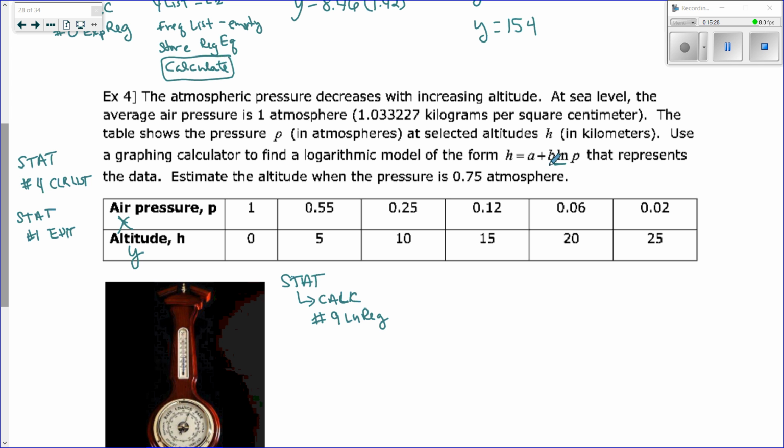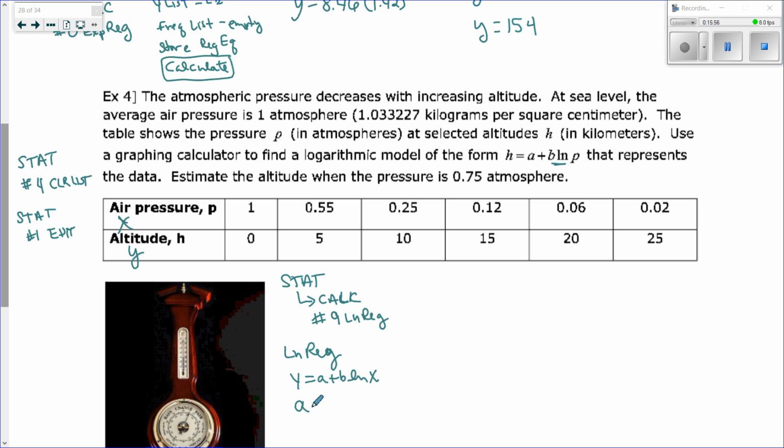Notice the formula is a natural log. A and B is what we're looking for. And when we do this, our little menu will pop up and we'll get LnReg, and we have the form y equals a plus b ln x.